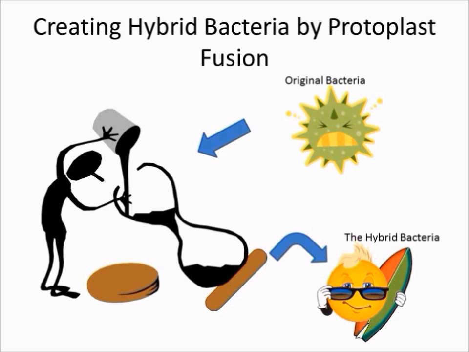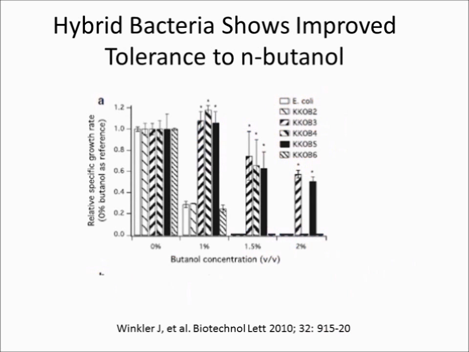Using protoplast fusion techniques, a hybrid bacterium has been created that has the characteristics of E. coli in producing butanol and the resistance to the toxicity that lactobacillus demonstrates. This graph shows that the hybrids tolerate high butanol concentrations. Currently, genomic shuffling strategies are under investigation to improve the production of butanol by this hybrid even more.